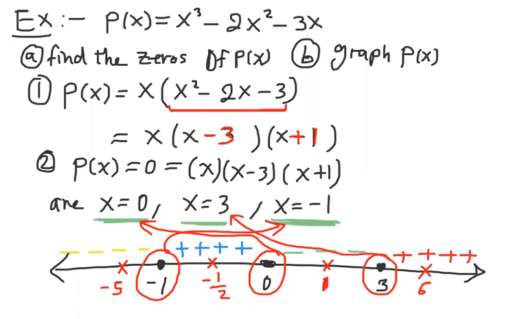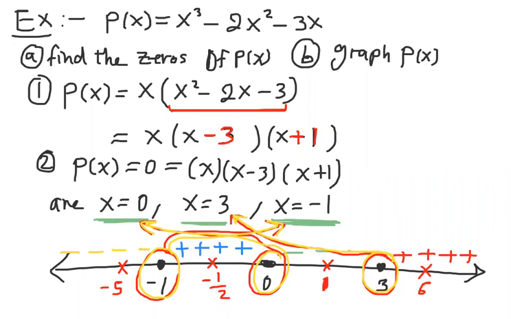I just put them on the line and arranged them: -1, 0, 3. Is it clear? It makes sense? Yeah. Okay. Thank you. You're welcome.